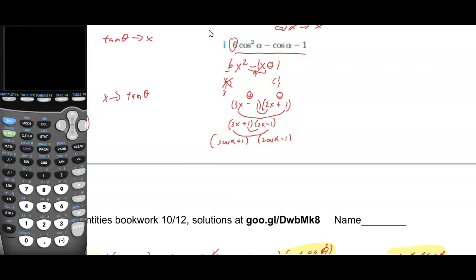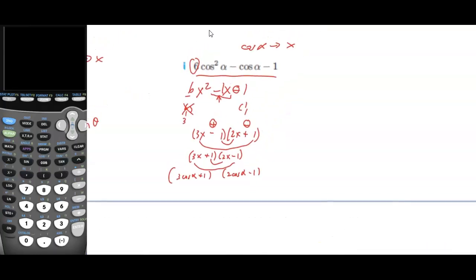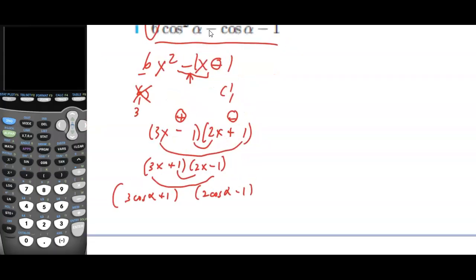So we're done factoring. Now, remember how I told you never have to do factoring in this class? So if you were going to do this using the quadratic formula, how would you do that? You would put in your a value, your b value, and your c value into negative b plus or minus square root, and so on. And then you would end up with x equals negative 1/3 and 1/2.